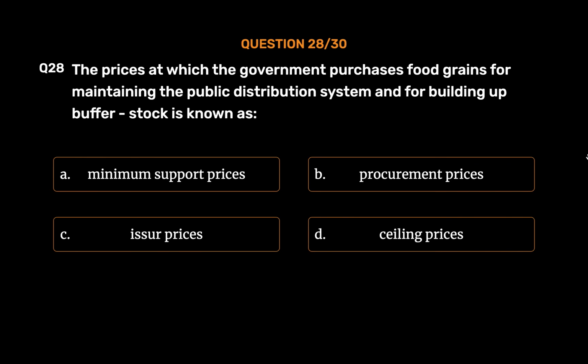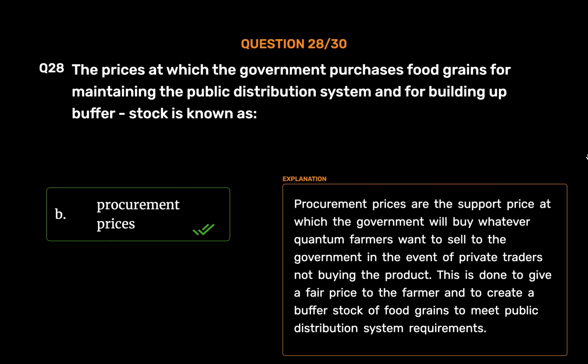The correct answer is Option B. Procurement prices. Procurement prices are the support price at which the government will buy whatever quantum farmers want to sell to the government in the event of private traders not buying the product. This is done to give a fair price to the farmer and to create a buffer stock of food grains to meet public distribution system requirements.